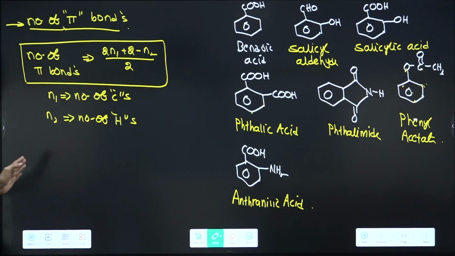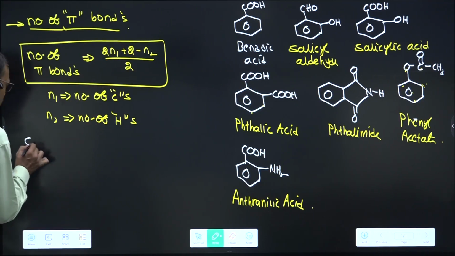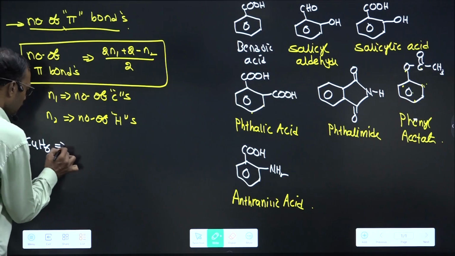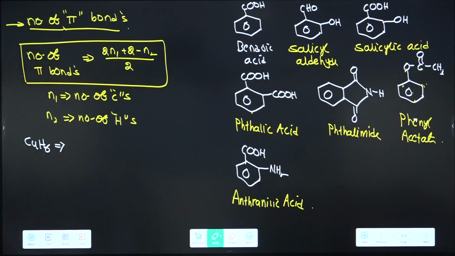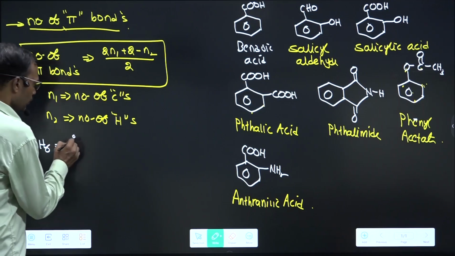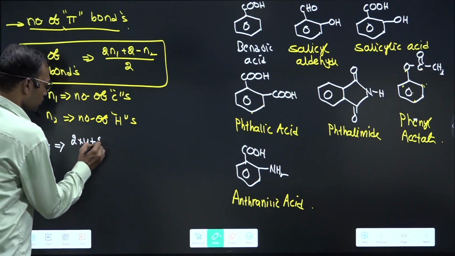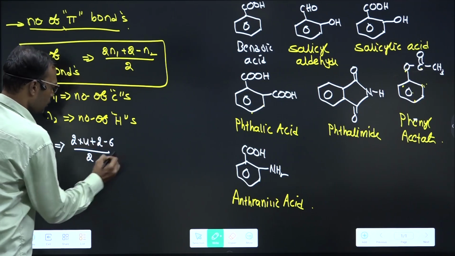Rings we can't apply. Suppose, if I say C4H6, how many pi bonds are possible? In this formula, how many are possible? Maximum. C4H6 carries how many pi bonds? So 2 into 4 plus 2 minus 6, divided by 2. How much will you get?